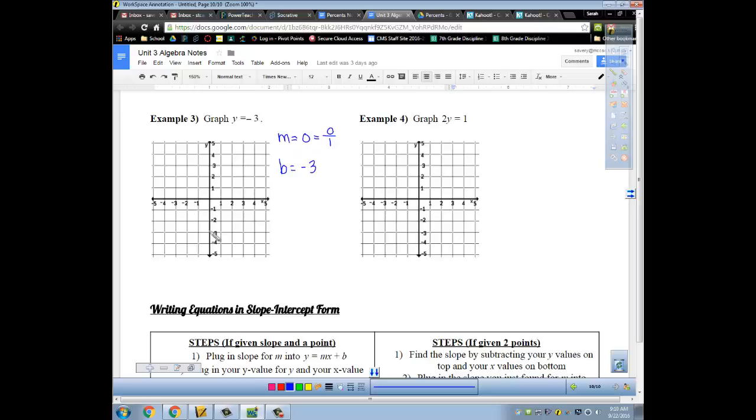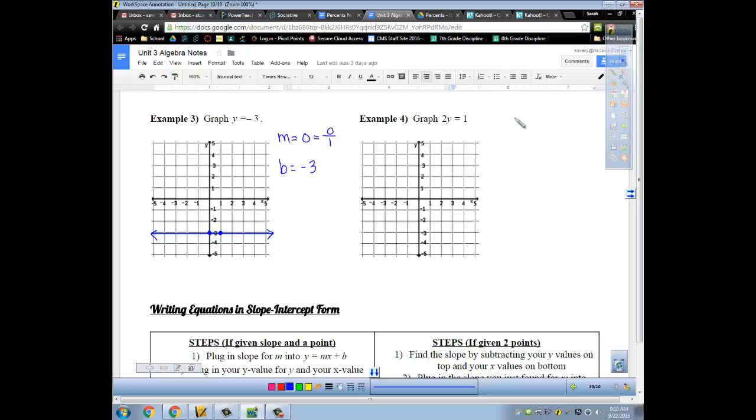So begin at negative 3. And it says we're not going to rise any, but we're going to run 1. So it should look like a straight line going through -3. Now this does not mean that it is no solution. It just means it has a slope of 0.